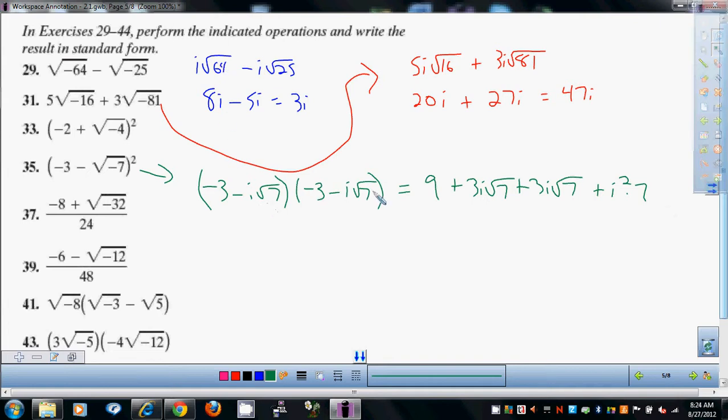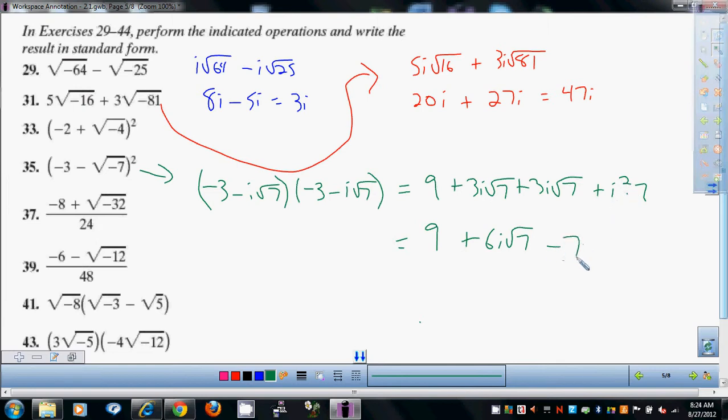Remember, when you multiply i radical 7 times i radical 7, it's like 2x times 2x would be 4x squared. You do the numbers, you do the radicals. So negative i times negative i is positive i squared. Radical 7 times radical 7 is regular 7. Leaving me with 9 plus 6i radical 7 when you just add your like terms. What's i squared?